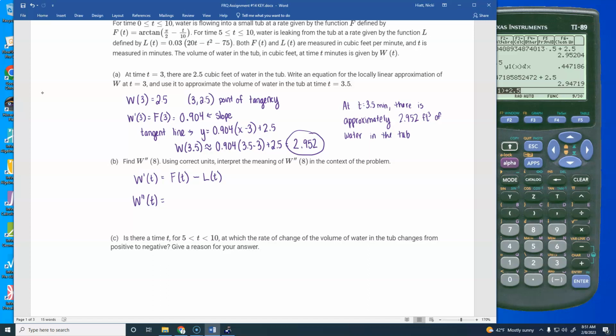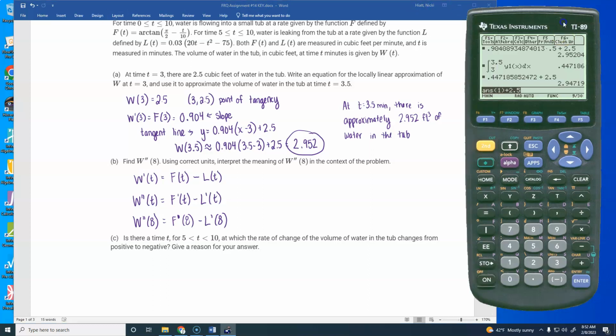Just with the symbols I've got here, not the actual derivatives of those functions. F prime of T minus L prime of T. So W double prime of 8 would be F prime of 8 minus L prime of 8.